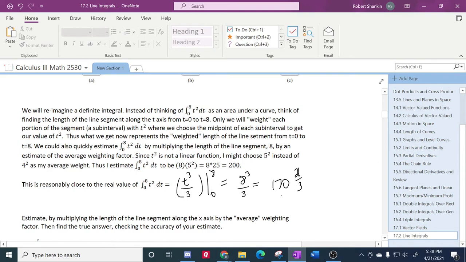And so, my estimate wasn't super close, but it was reasonably close.